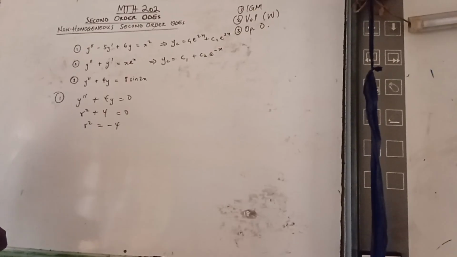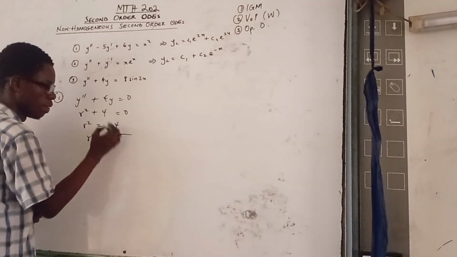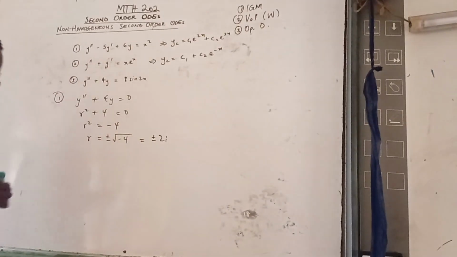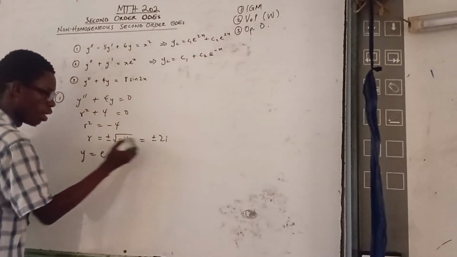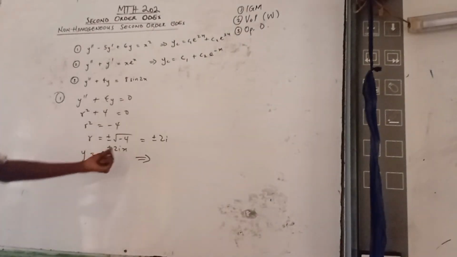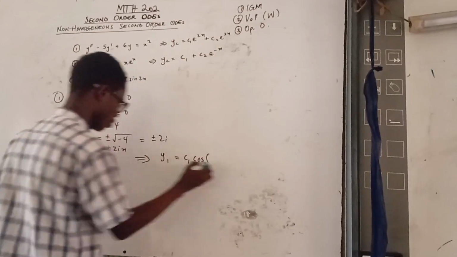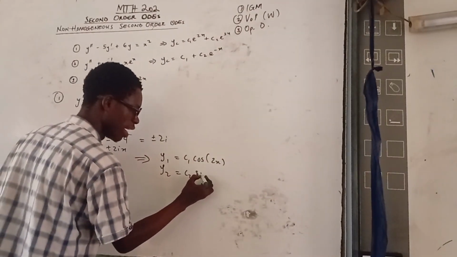We have done this before and said if we get something like this, we have our two solutions: y1 equals c1 cos 2x, and y2 is going to be c2 sin 2x.